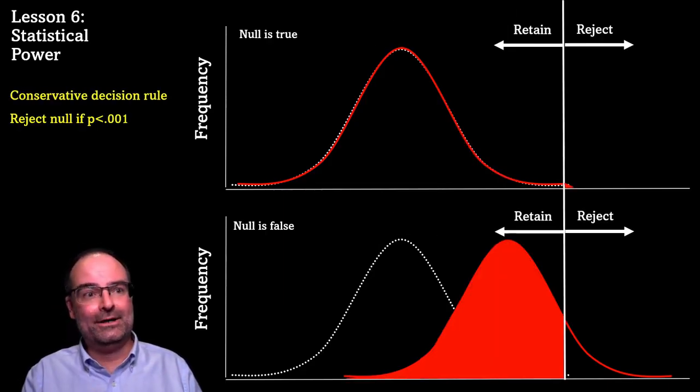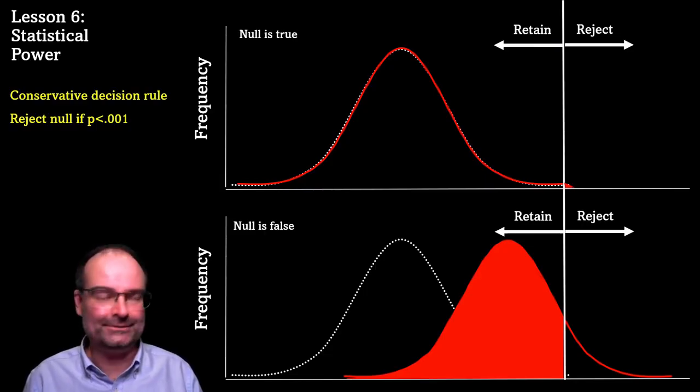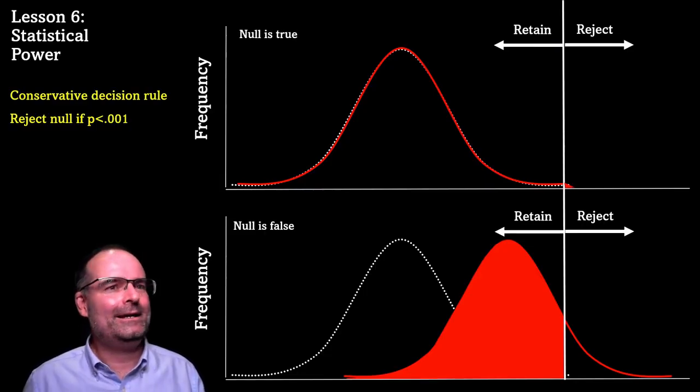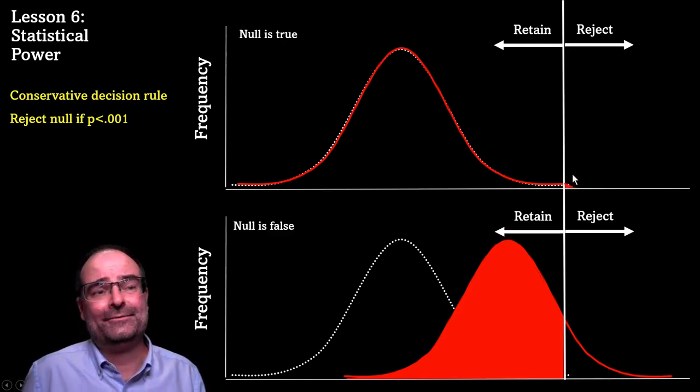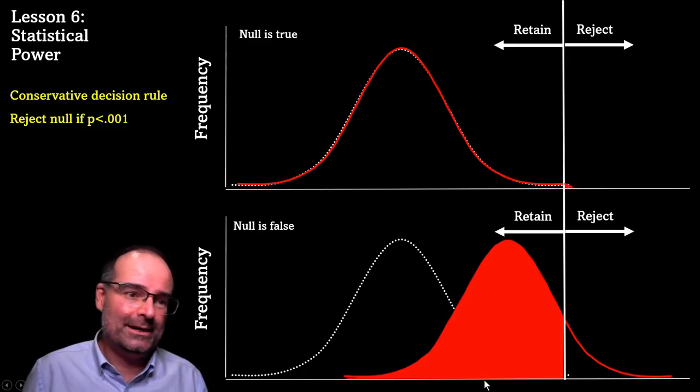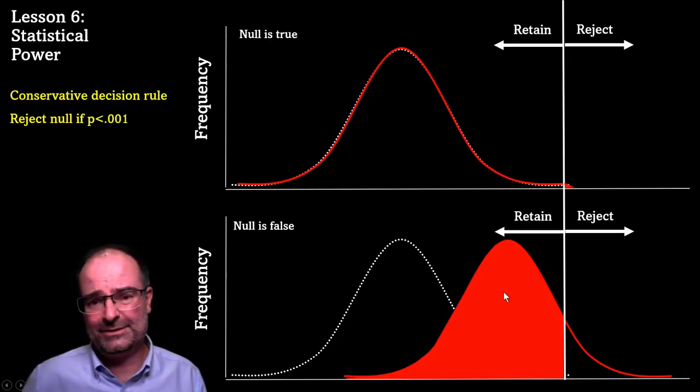Now let's become ultra conservative. Here, our type 1 error is tiny. The probability of rejecting the null when it's true is very, very small. But our type 2 error is catastrophically high.